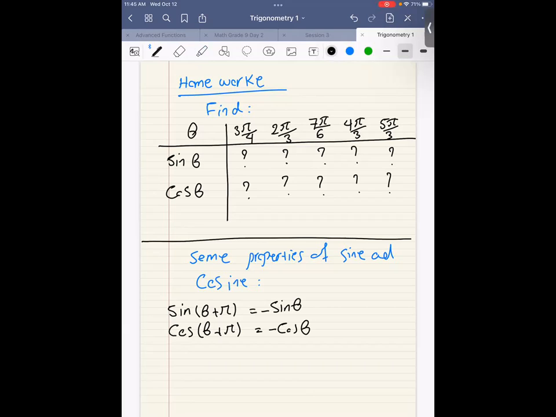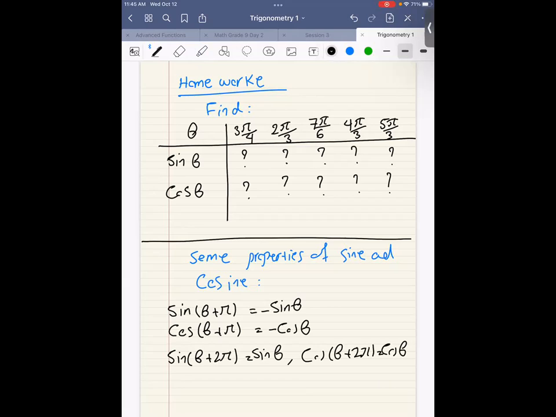And we know that these are periodic. That means sine of theta plus 2 pi equals sine of theta, and cosine of theta plus 2 pi is equal to cosine of theta.